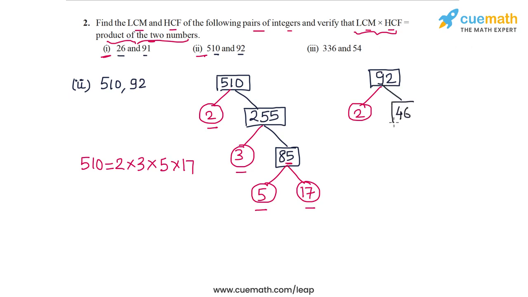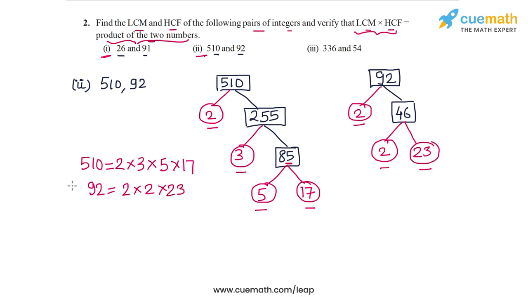Now 46 is even again, so let's take out another factor of 2, and when we divide 46 by 2 we will get 23, which is prime itself. So the prime factorized form of 92 will be 2 into 2 into 23. So let's write that down as well. 92 will be 2 into 2 into 23.